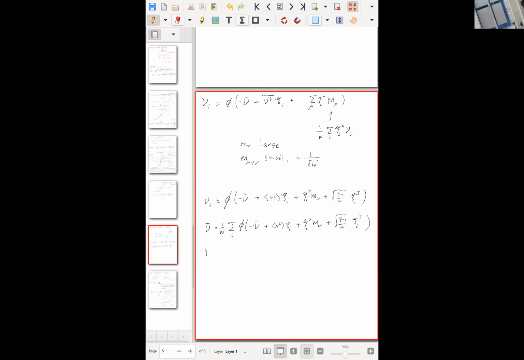And we have m nu equals 1 over n, the sum on i of eta i nu, phi of same thing, minus nu bar plus nu squared, squiggle i, plus eta i nu, m nu, plus the square root of p minus 1 over n, squiggle i, j.